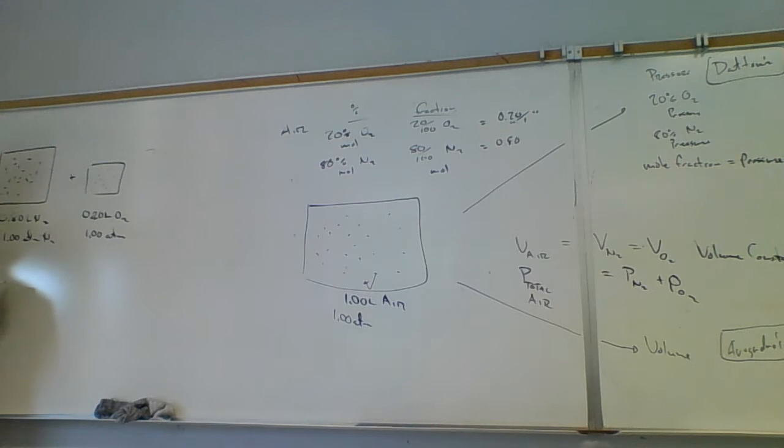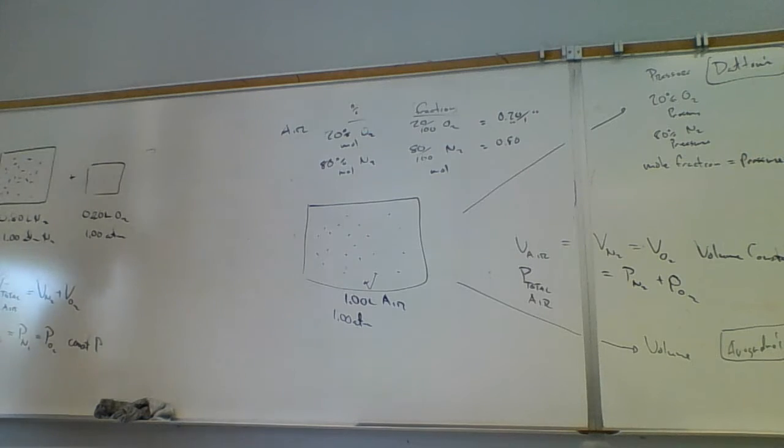And so for Avogadro's, the volumes are additive. V total, which is for air, is equal to the volume of nitrogen plus the volume of oxygen. However, P, the pressure of the total that is air, is equal to the pressure of nitrogen, which is equal to the pressure of oxygen. So we call this constant pressure.